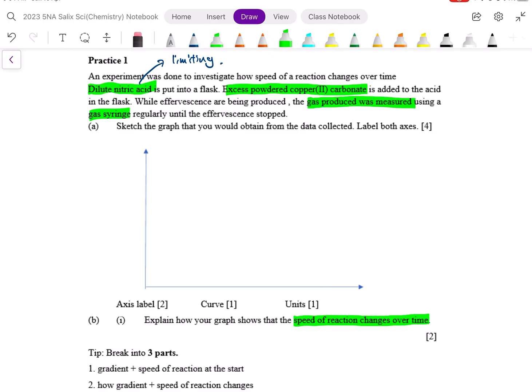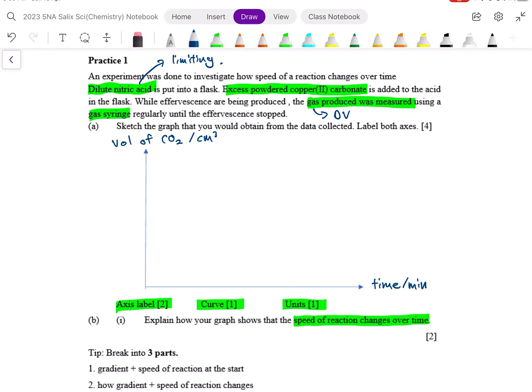You're asked to sketch the graph that you will obtain from the data collected and label both axes. The volume of gas is your dependent variable, so this is the volume of CO2 in cm³. You have the time in minutes.